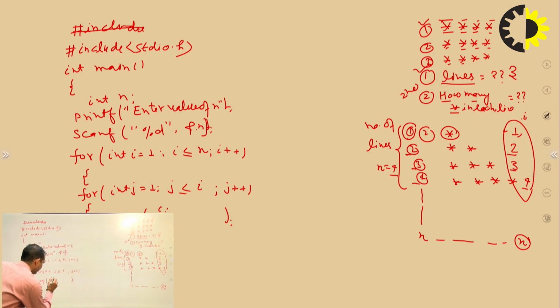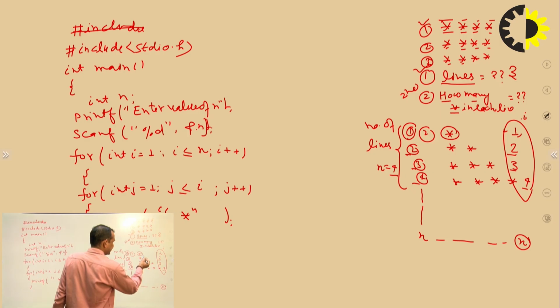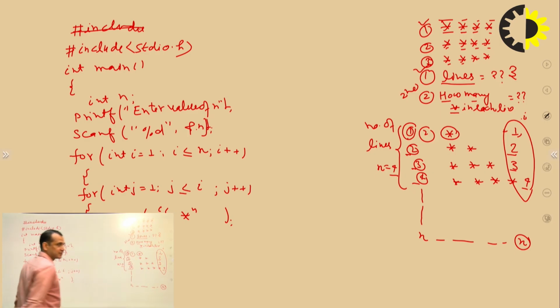And after that, when i equals 1, it will print only 1 star, and it goes to the next line. For the next line we use printf.